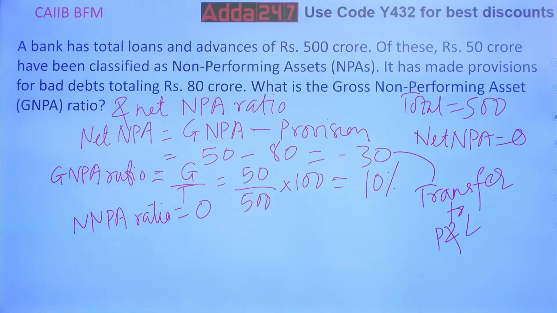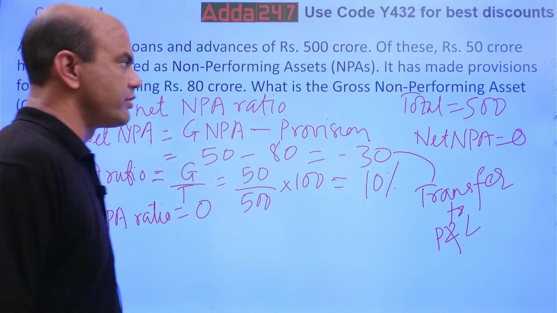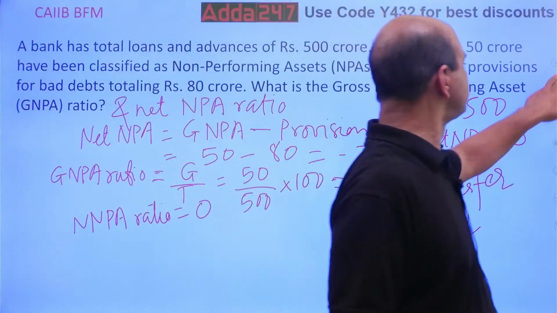If it has come from the profit, I must transfer it back to the profit only. So that's why I said this minus 30 has huge significance. Got it, everyone? Move on.